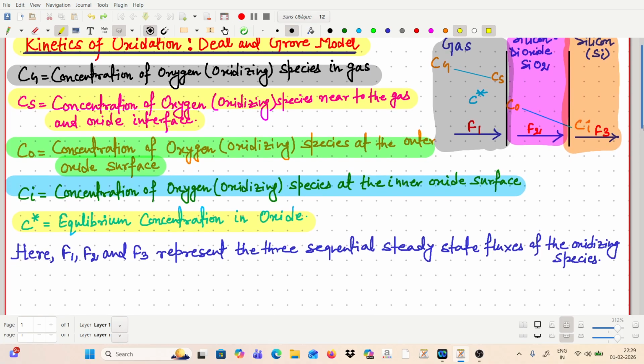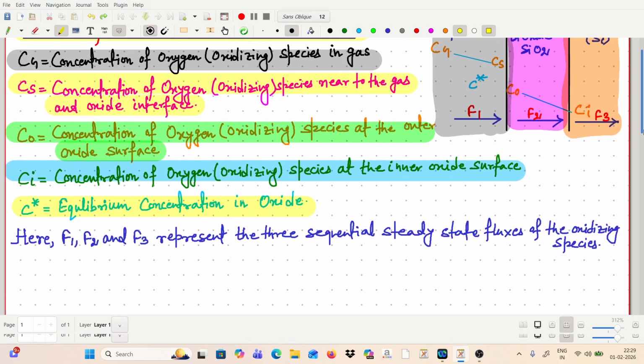Now the other thing is F1, F2, F3, which are the three fluxes. F1, F2, F3 represent the three sequential steady state fluxes of the oxidizing species. We will start with what F1, F2, F3 are in detail.